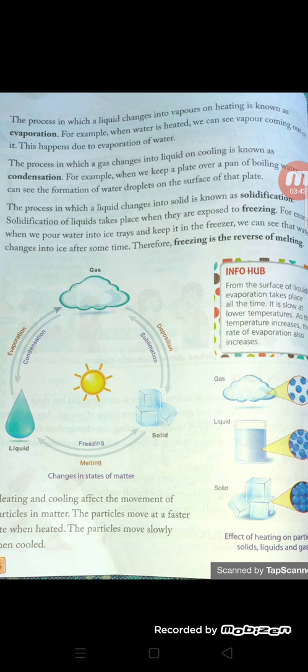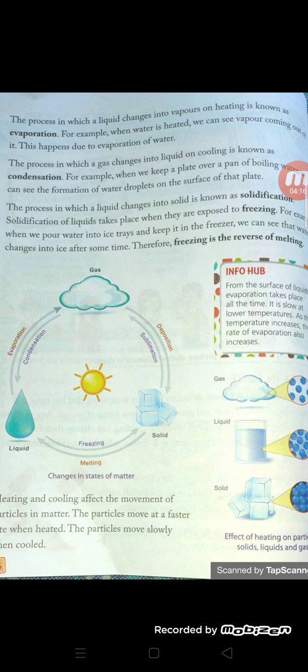For example, when we pour water into ice trays and keep it in the freezer, that is the refrigerator, we can see the water changes into ice after some time. Therefore, freezing is the reverse of melting. In case of melting, it changes from solid to liquid state, but in case of freezing, it changes from liquid to solid state.